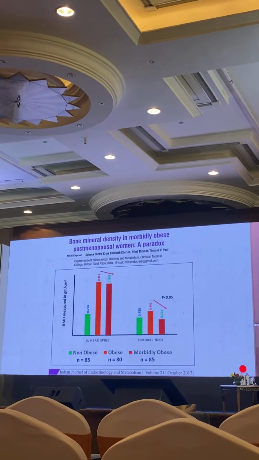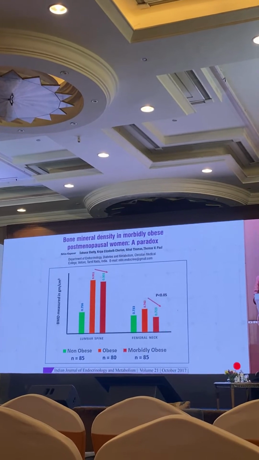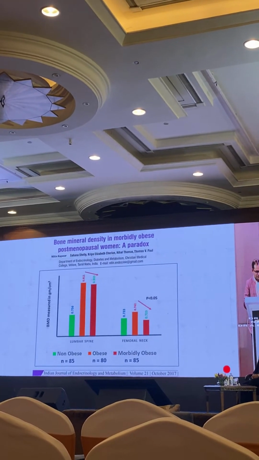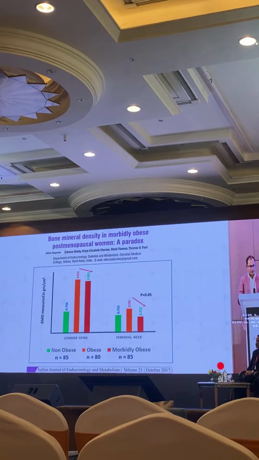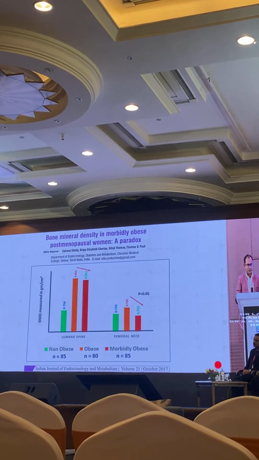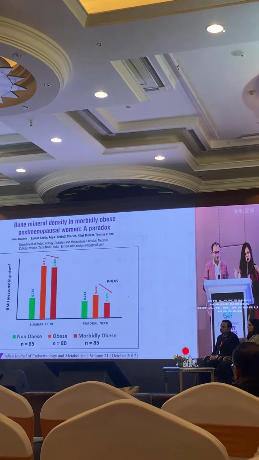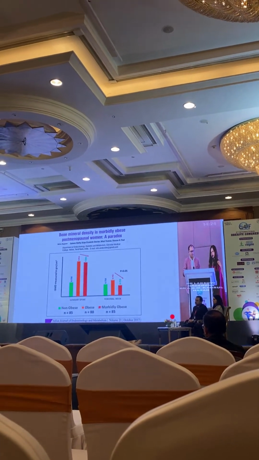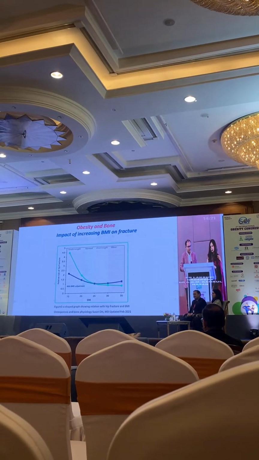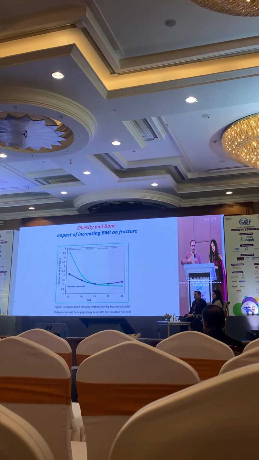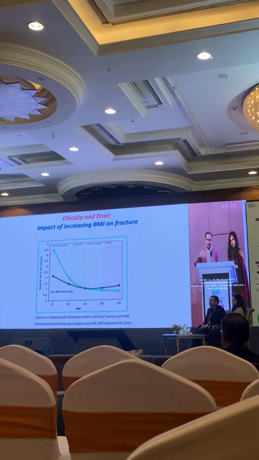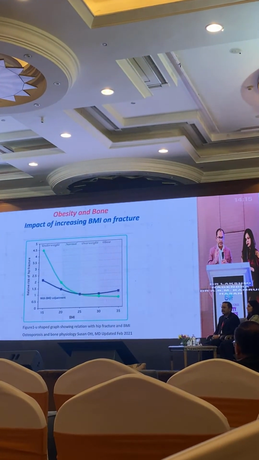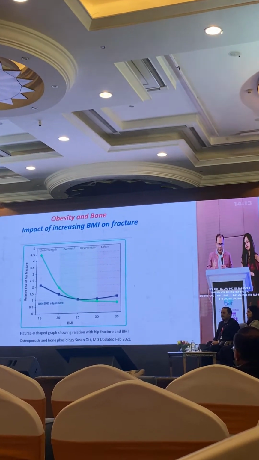So at the lumbar spine and at the femoral neck as well, the BMD is reducing after a BMI of 35 kg per meter square. So BMD does increase up to a certain BMI, but after that it actually decreases, and more so at the femoral neck as compared to the lumbar spine. So with BMI, the BMD increases, but at a certain point it does not increase and tends to decrease.